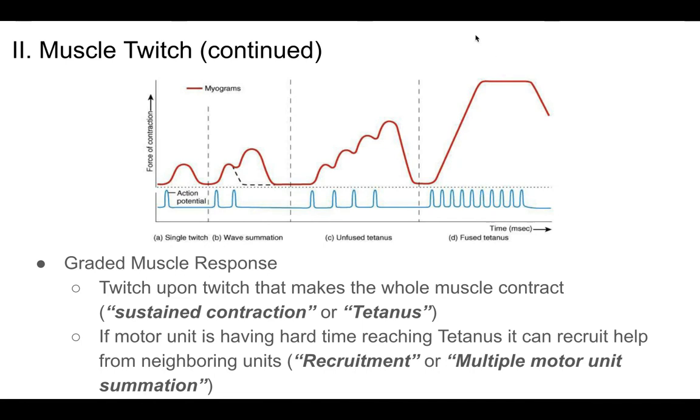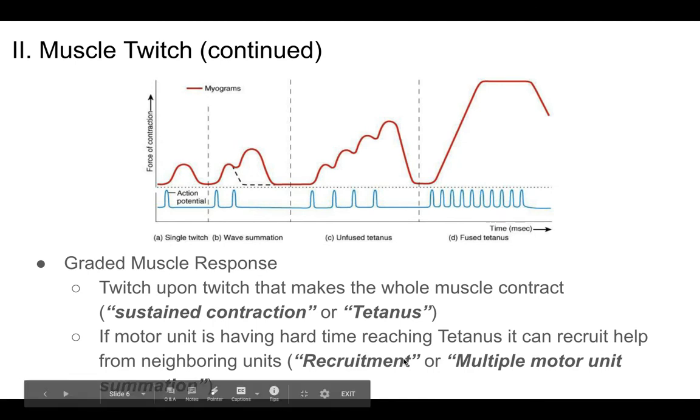So the diagram we have just labeled is one motor unit attempting to fully contract the cells that the neuron lands on. If it can't reach tetanus, if it can't reach a sustained contraction, then it will ask for neighbor motor unit support or help. That last little bit of vocab, recruitment, multiple motor unit summation, is something to be aware of as well.